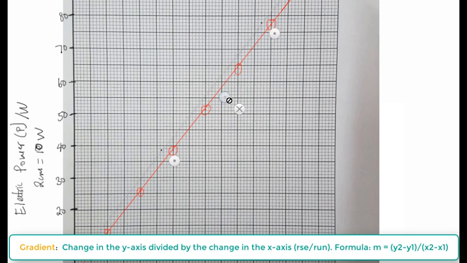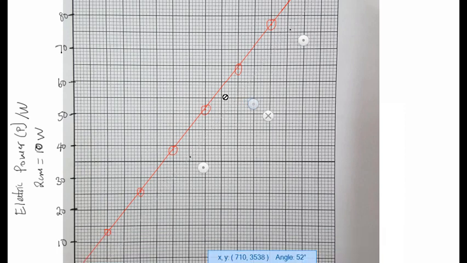In each case, the rise occurs on the y-axis and the run will occur on the x-axis. So to find the gradient, the first thing I will do is to draw a large enough triangle which covers all the points so I can find my gradient from that.